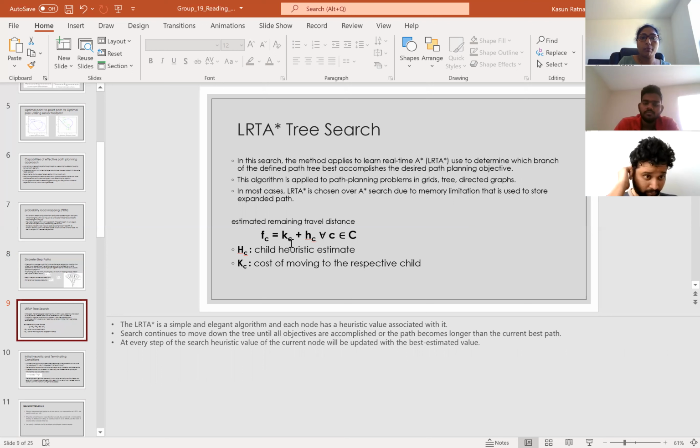You can use the below algorithm. HC will be denoted as the heuristic estimation of the child, and KC denotes the cost of moving to the respective child. So from one child to the other, the cost will be calculated by KC. When we add those two values together, we can finally find out the total cost to reach the destination.